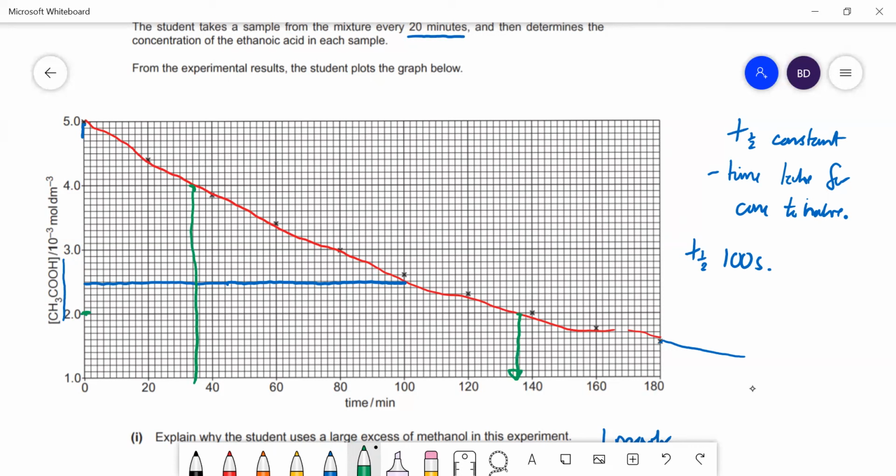Well, that's about 135 seconds there, and this one is 35 seconds. So the time taken, 135 minus 35, once again, is 100 seconds. So T1/2, the second time we measured it, is 100 seconds as well. So the half-life is always 100 seconds, so that means it must be a first order reaction.